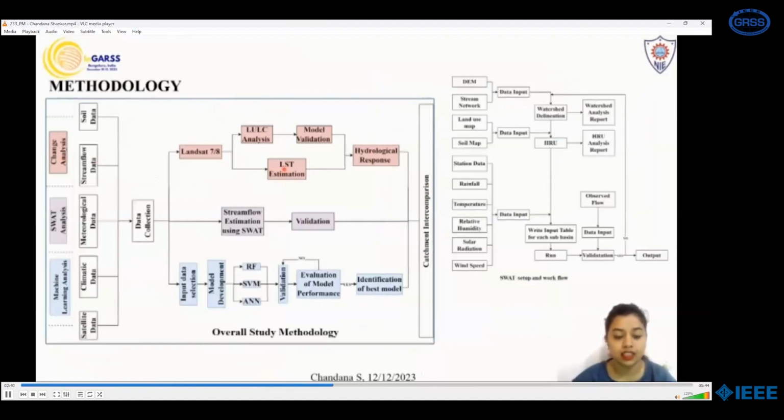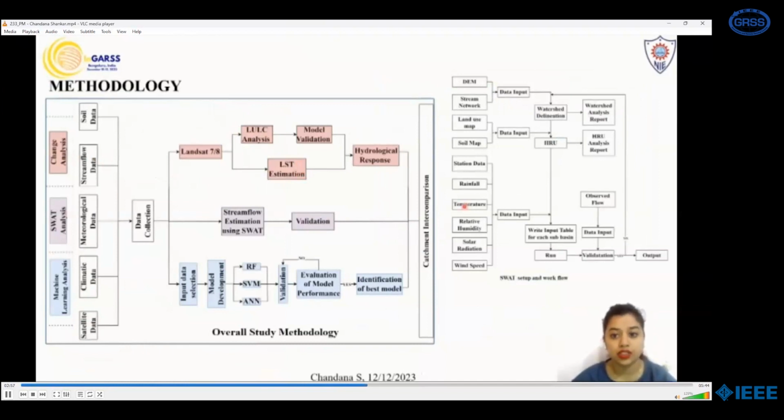In change detection, the land cover analysis and LST was carried out using the freeware Google Earth Engine, and the land use land cover analysis was carried out using the random forest algorithm, and LST was estimated using the split window algorithm.